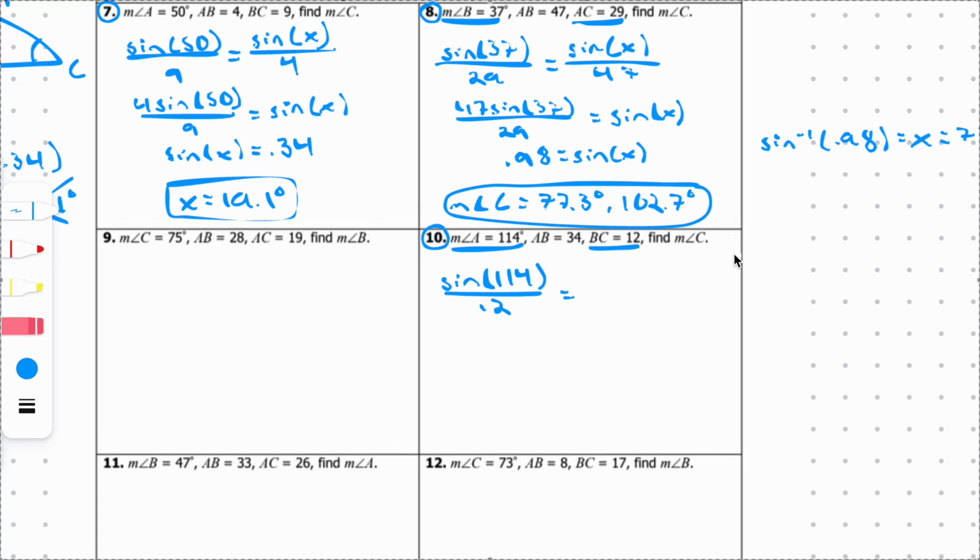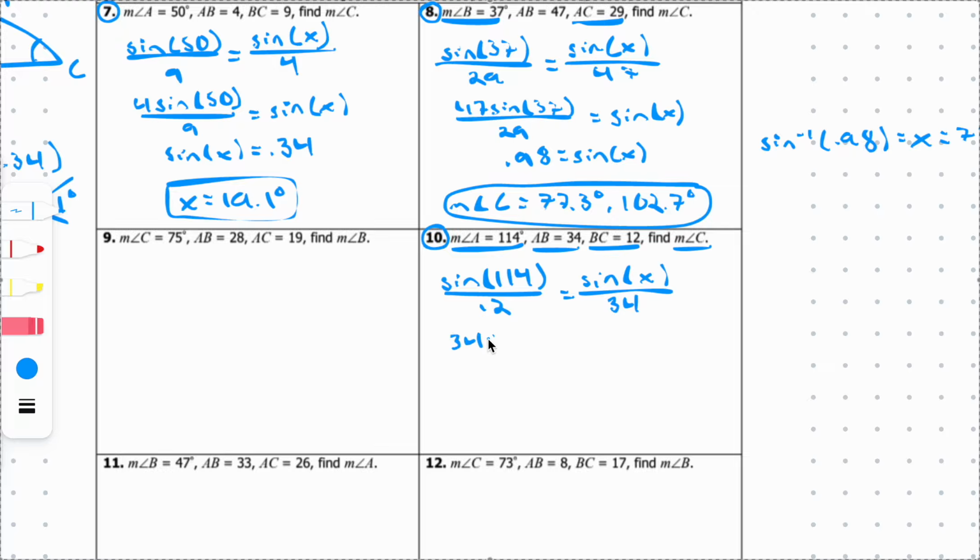And now we have another pair here, right? Angle C and side AB are across from one another. So we can say sine of angle C, which I'm just going to say X, since we're solving for that, over 34. You know the drill, we multiply both sides by 34.